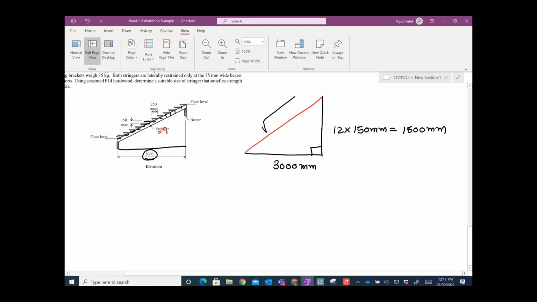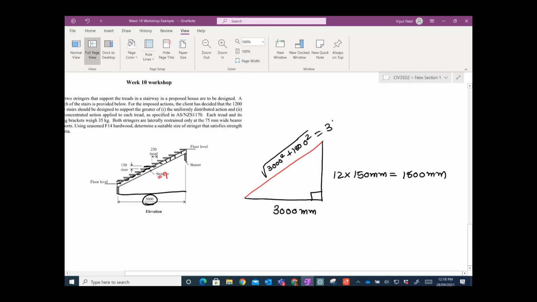So if I want to find this one, I can just use the Pythagoras theorem. 1800 squared plus 3000 squared, I get 3498 millimeters.